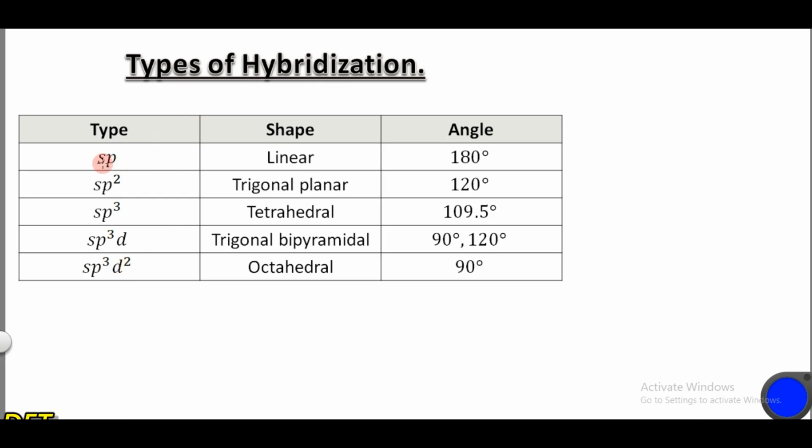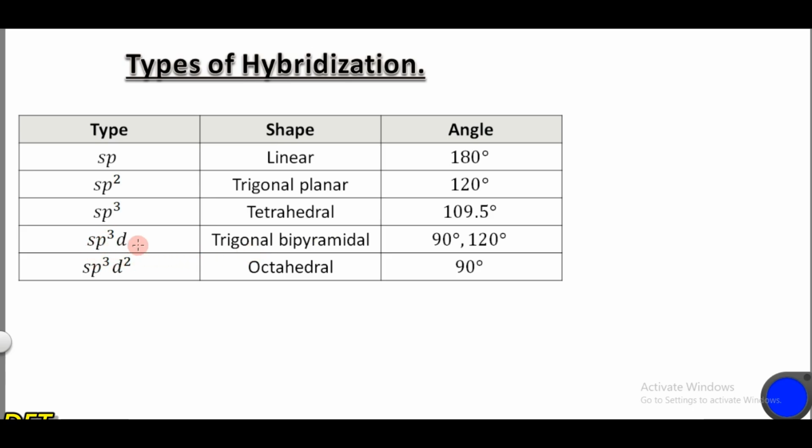So the sp hybridization, the shape is linear and the bond angle is 180 degrees. In sp2 hybridization, the shape is trigonal planar and the bond angle is what, 120 degrees. In sp3 hybridization, the shape is what, tetrahedral and the bond angle is 109.5 degrees.